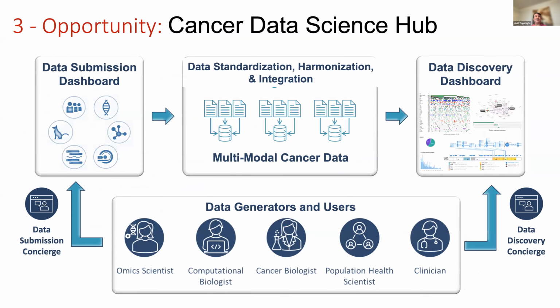And going back to the NCI side, the Cancer Data Science Hub, which is a component of our Cancer Research Data Commons, or CRDC in short. This is the process that we are currently focusing on, but I would like to focus more on the data standardization, harmonization, and integration.